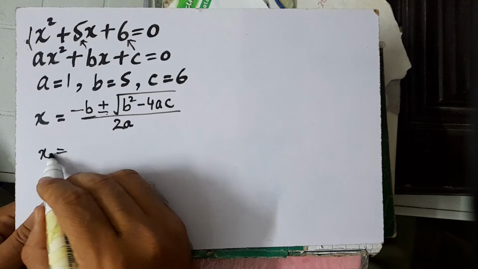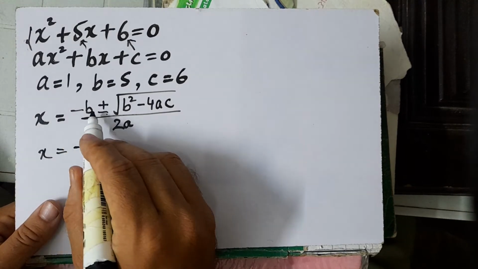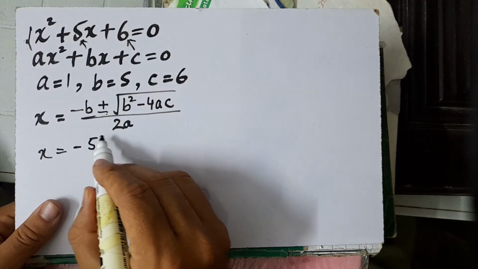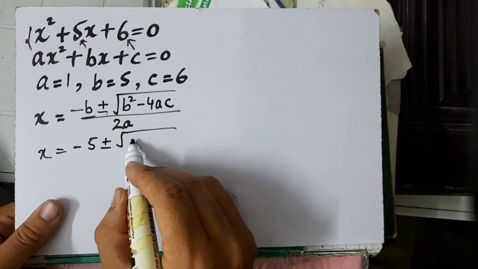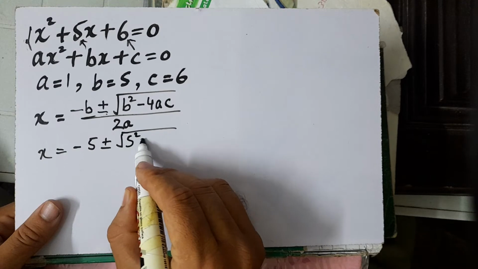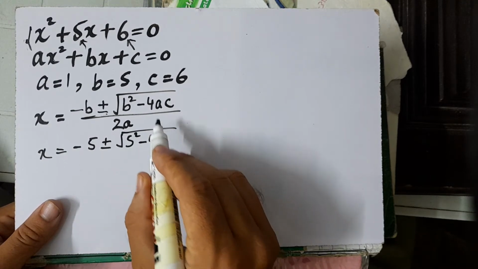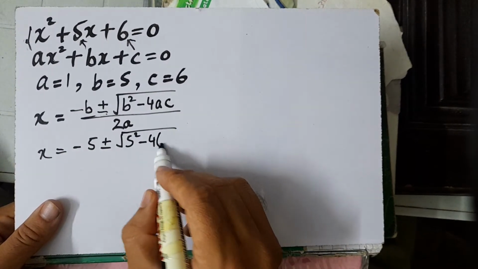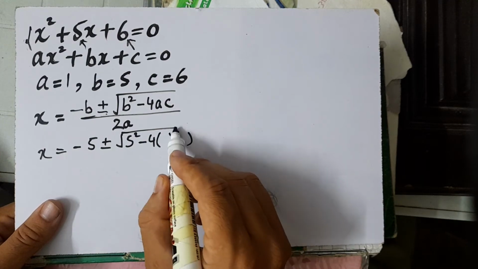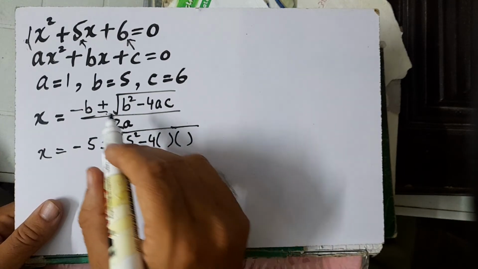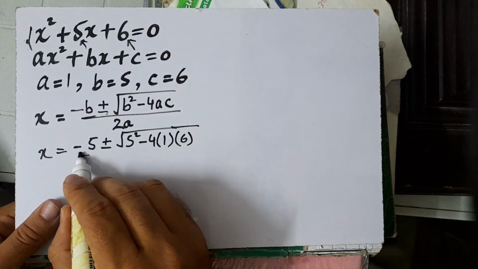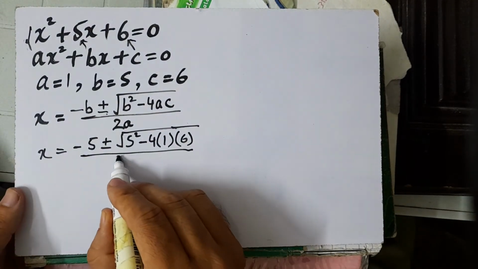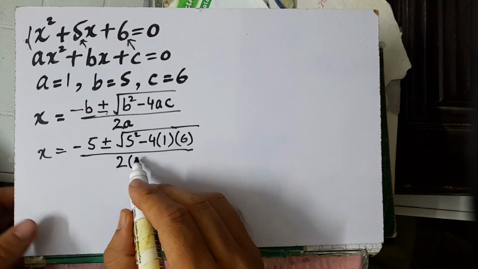So x equals minus b, and b is 5, so minus 5, plus minus the square root of 5 squared minus 4, and since a and c are being multiplied, we put these values in brackets: a is 1 and c is 6, divided by 2 into a, which is 1 again.